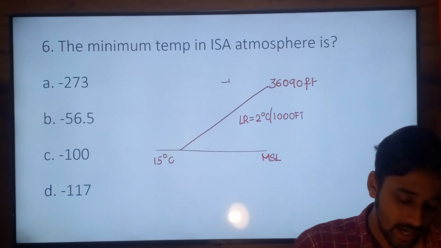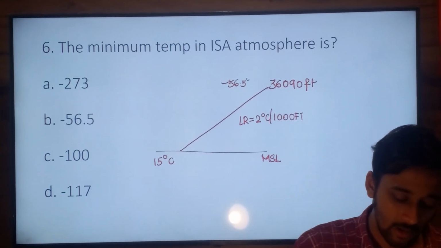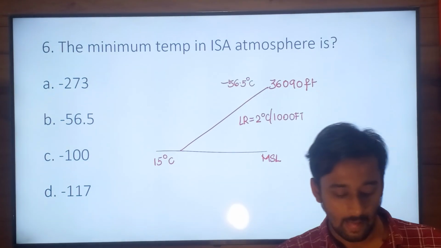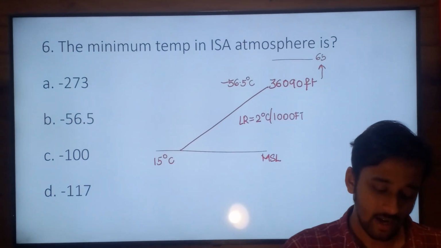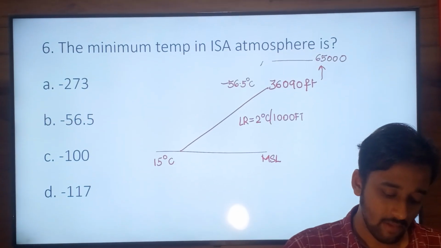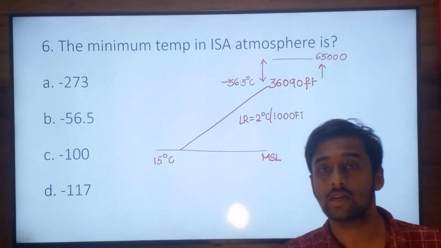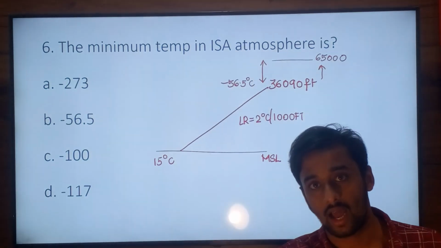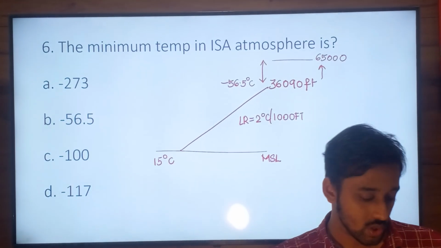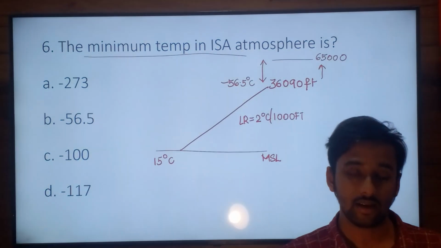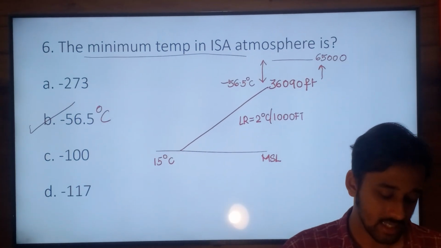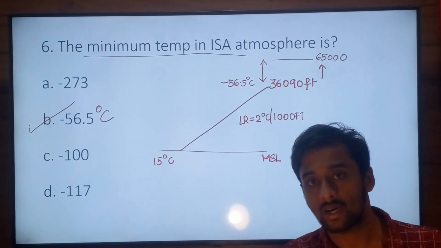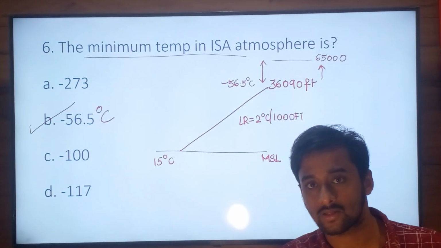There, the temperature according to ISA is minus 56.5 degrees Celsius. Above 36,000 feet up to somewhat 65,000 feet, this temperature of minus 56.5 degrees Celsius stays constant, isothermal. So the minimum temperature in ISA achieved is minus 56.5 degrees Celsius. You can convert that into Fahrenheit or Kelvin.